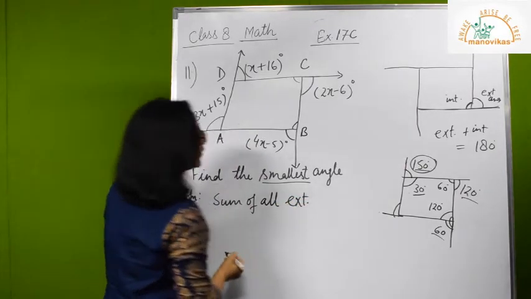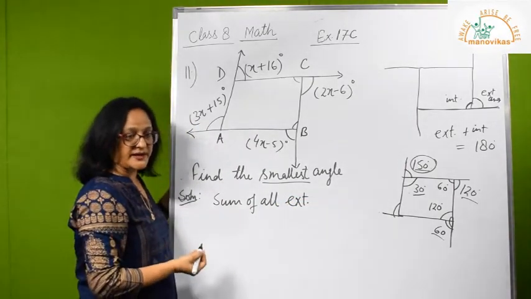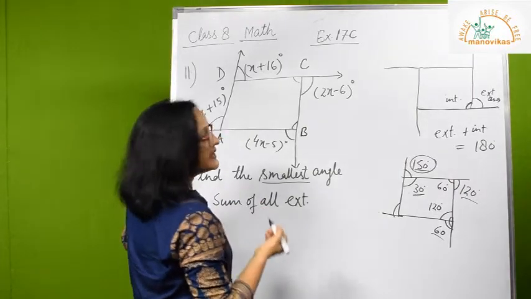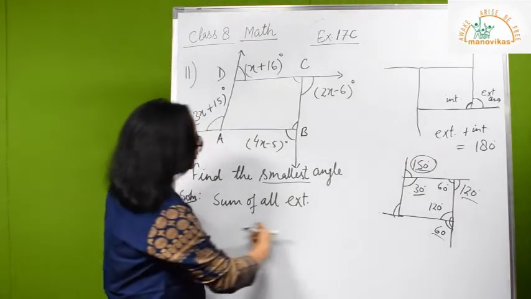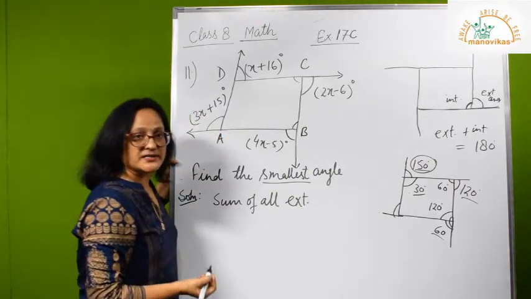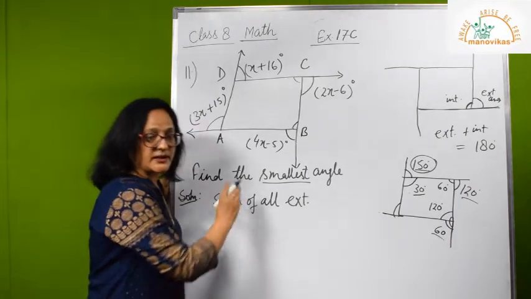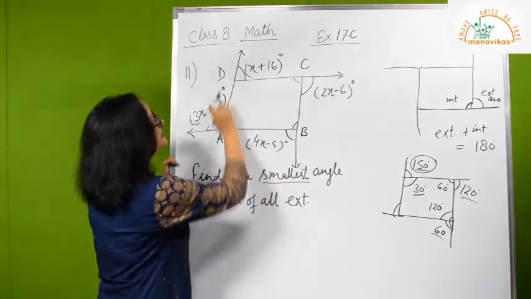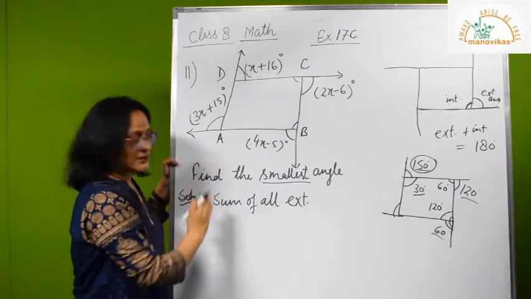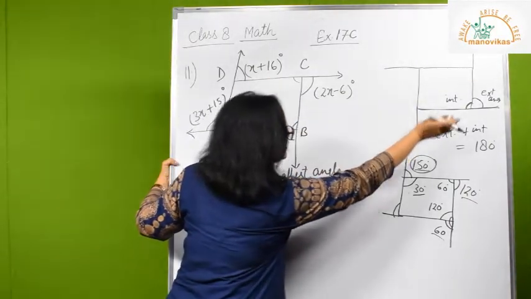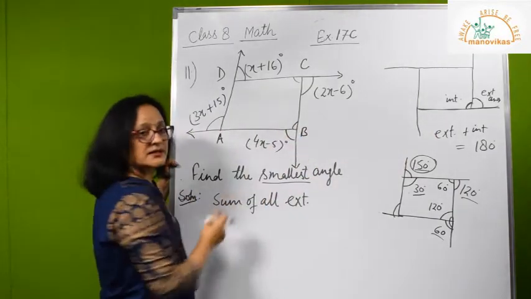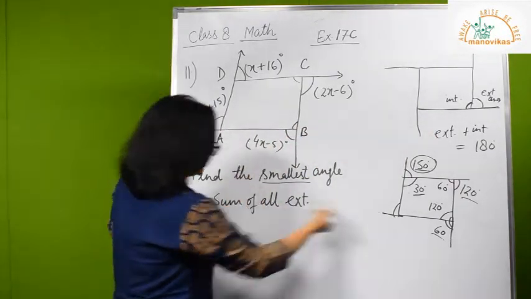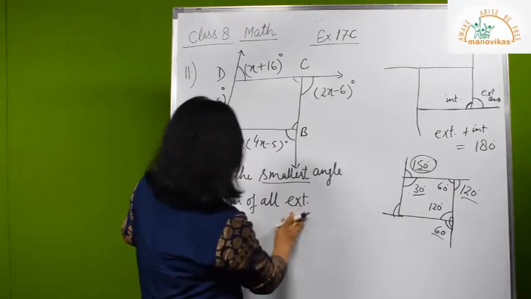The sum of all exterior angles of any quadrilateral, triangle or pentagon, meaning any polygon, is always 360 degrees. This is the fixed formula for any polygon. Both methods can be applied, but the earlier one is a little longer and this is the direct method. So we will use this method.